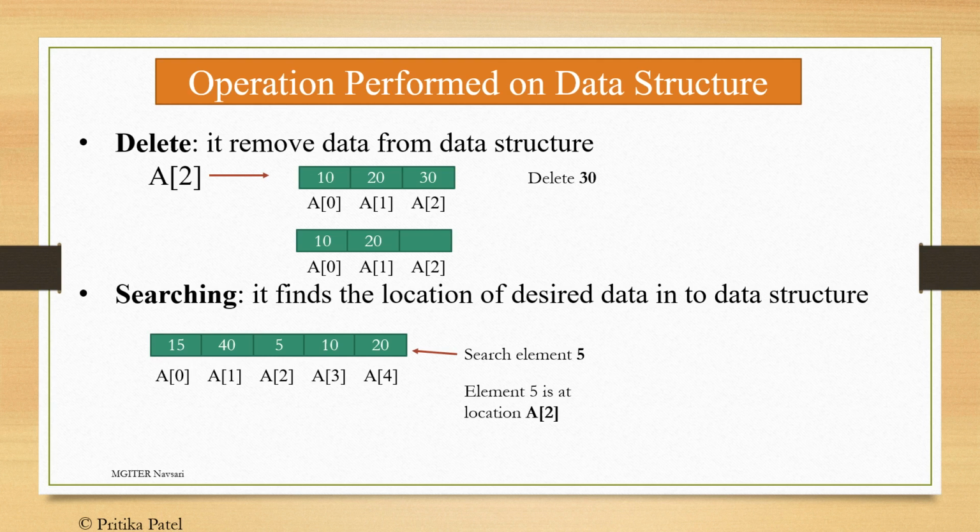Here in this example, if we want to find the element 5, then the search operation finds element 5 which is at the location a of 2. So by using the searching operation we can find a particular element from a specific position.